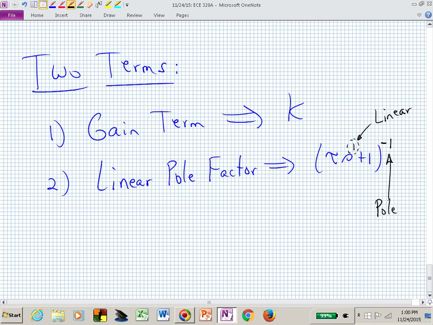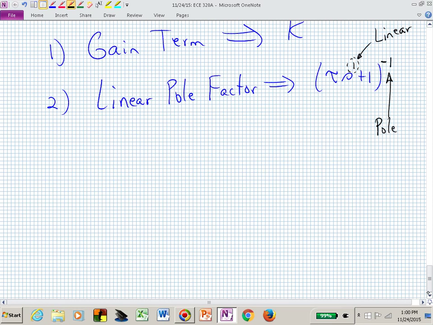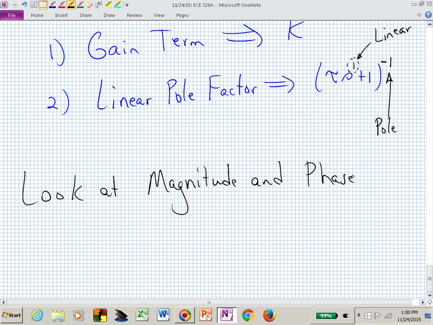And then you just have to add all of those pieces together. So let's look at magnitude and phase as a function of omega, or frequency, for each term.